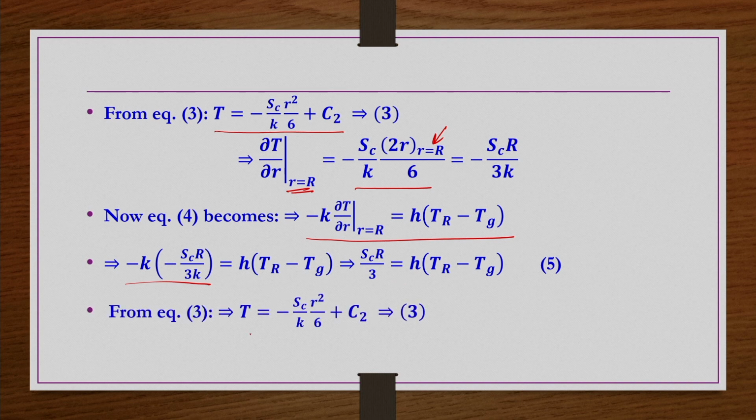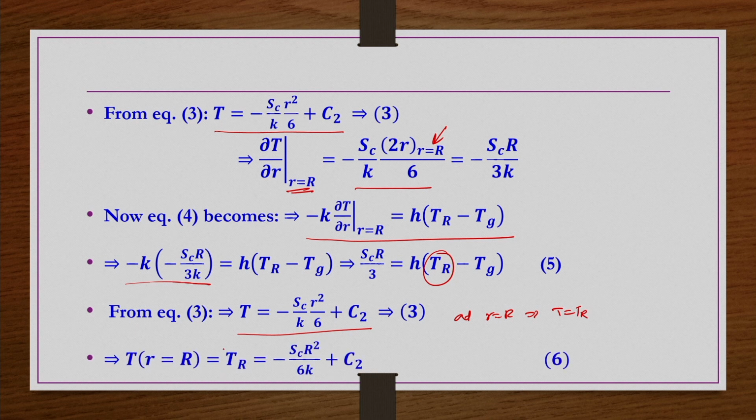Now, equation number 3 is T equals minus Sc by k R square by 6 plus C2. Here you need to know this T_R. So at R equals capital R, T equals T_R, and you substitute here. Then you get T_R equals minus Sc R square by 6k plus C2.